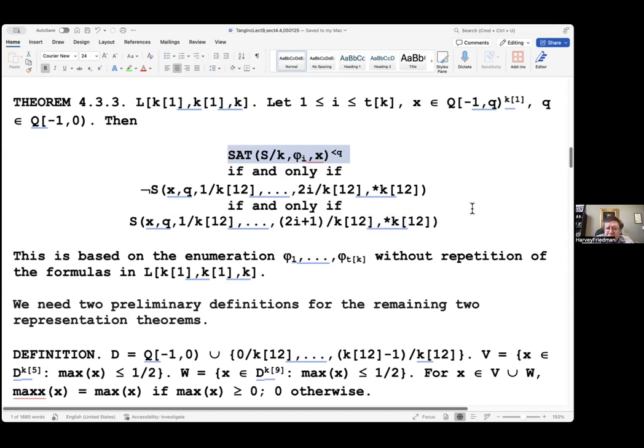So we're representing satisfiability in this language, quantifying over less than Q. This statement is equivalent to a very simple statement, negated atomic or atomic, involving X, Q, and these parameters. So we're using these indiscernibles as parameters. This is an important idea. And here it's one more with the S.